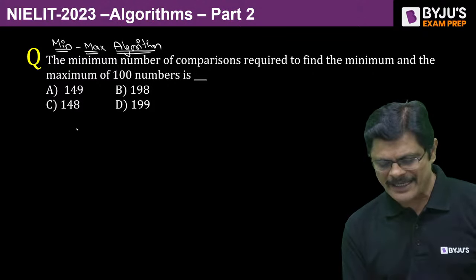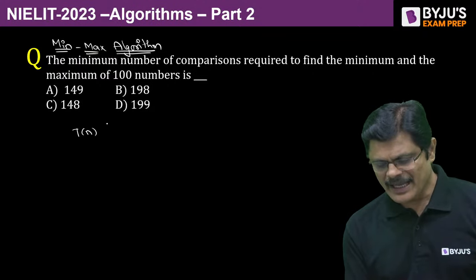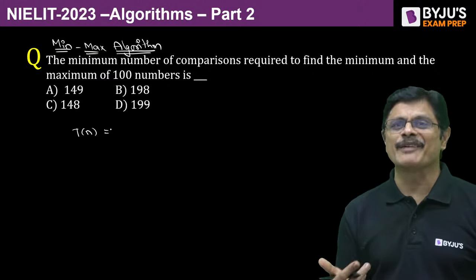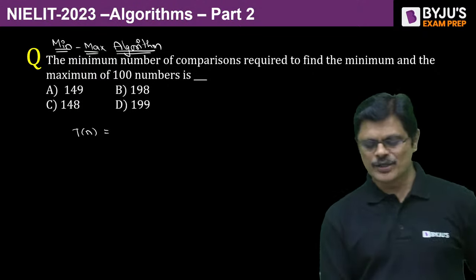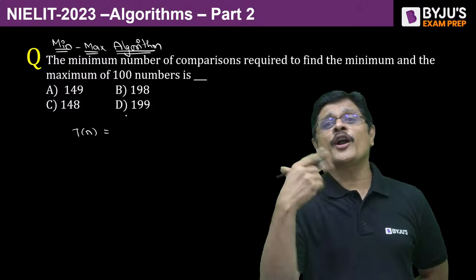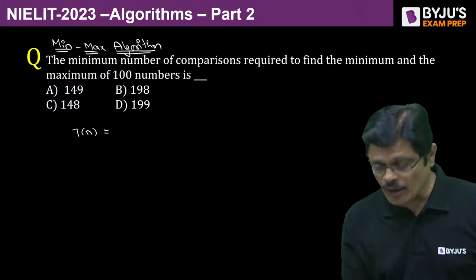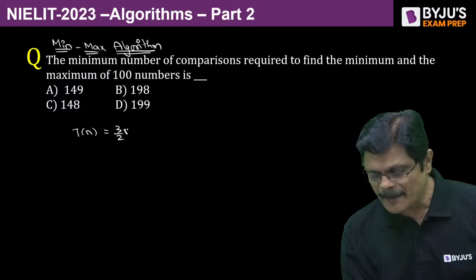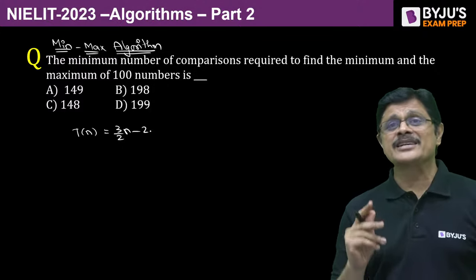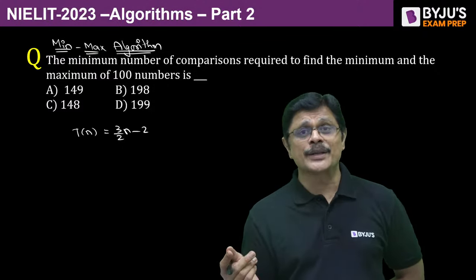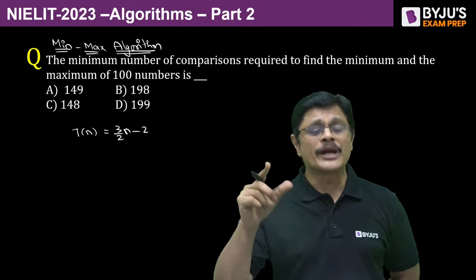See, here for the min-max algorithm, the time complexity. Actually here we try to find the exact value, the number of comparisons. When you take only the order of the time complexity it is theta n, but here you need exact time complexity. By divide and conquer algorithm, it is 3 by 2 n minus 2. Whereas there is something called straight min-max algorithm, that is 2 into n minus 1 or 2n minus 2.